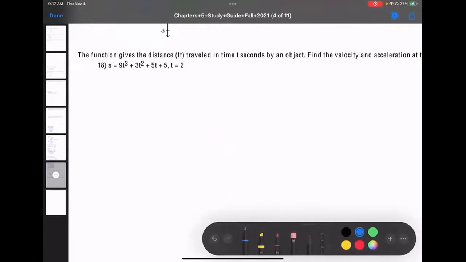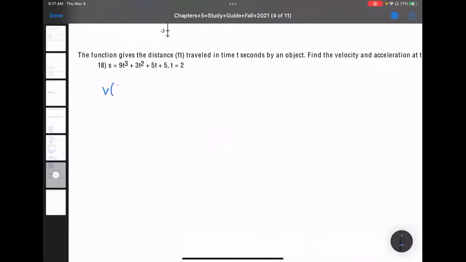So we're just going to find v of t, which is also just s prime here. So this looks like it's just the power rule. So 9t cubed turns into 27t squared plus 3t squared turns into 6t plus 5. And then that's our velocity.